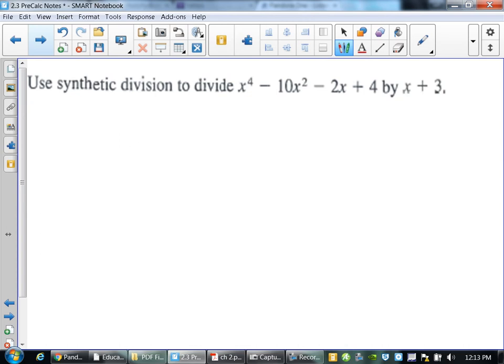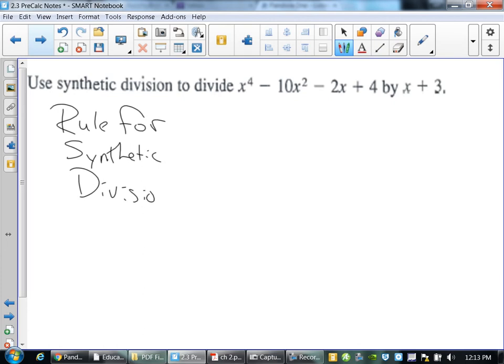So I'm going to use synthetic division to divide x to the fourth minus 10x squared minus 2x plus 4 by x plus 3. There really is only one rule for synthetic division. And that is, you divide by the zero of the term.